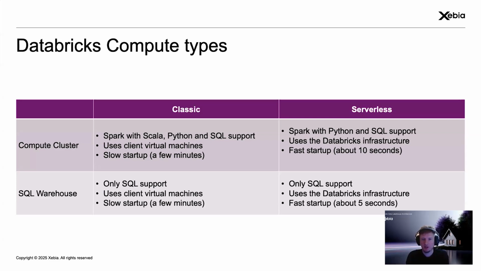For example, we can use only SQL in SQL warehouses, or we can pick Scala, Python, or SQL in classic Apache Spark clusters. And for example, we can use Photon in both classic and serverless clusters, but in serverless clusters we are always using Photon, while in classic clusters you can choose whether you would like to use Photon or not.